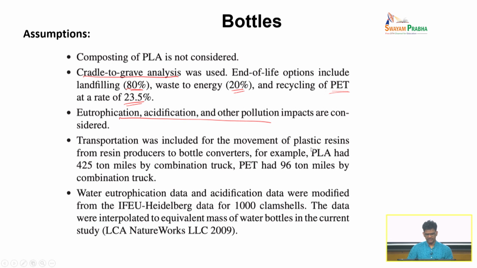Transportation was included for the movement of plastic resins from plastic producers to bottle converters. PLA had about so many miles based on truck transportation, and PET so many miles. This is because, maybe in a US kind of system, the number of people who produce PLA resins could be far less compared to the number of PET producers.